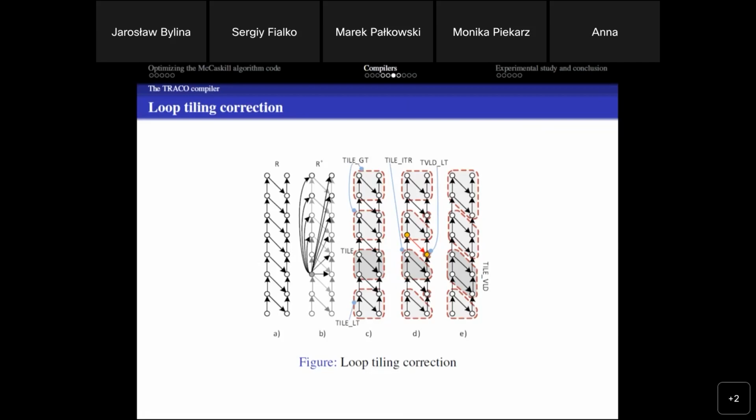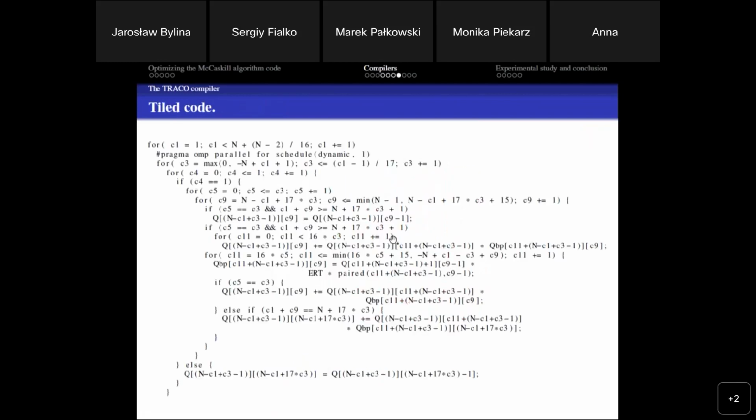And that was our approach, very well documented and tested with a lot of program loops, but there are still some issues. We change the shape, so, for example, we must look for good tile sizes. We must make a lot of experiments to adjust the output code to the specific target machines. And we think that we can correct this by another idea. Yes, this is also the output of the Traco compiler.